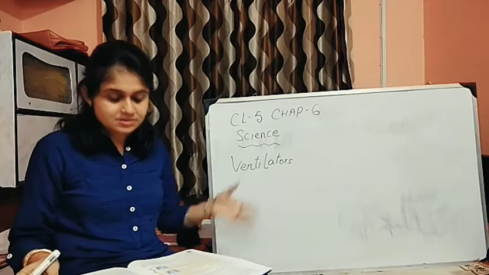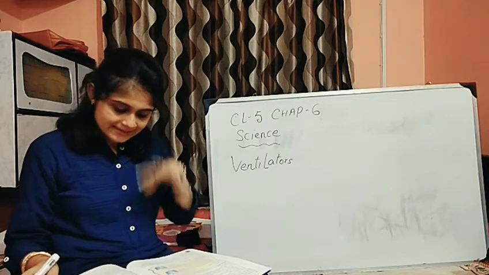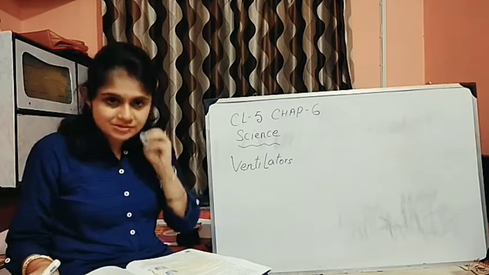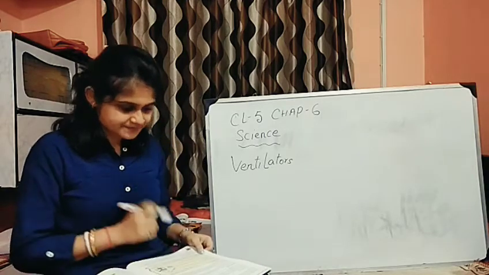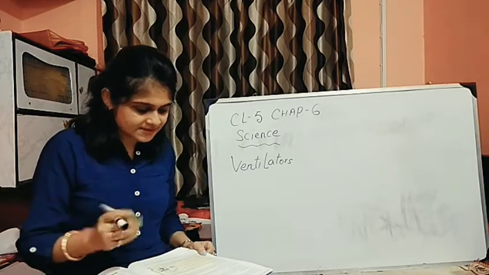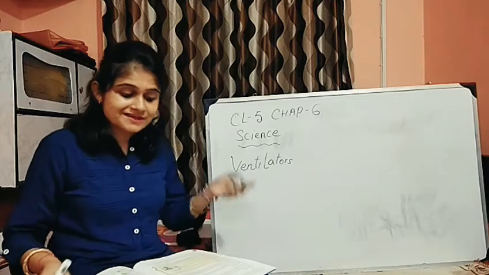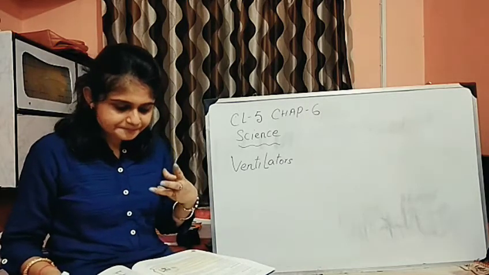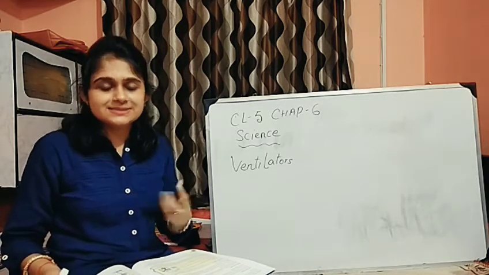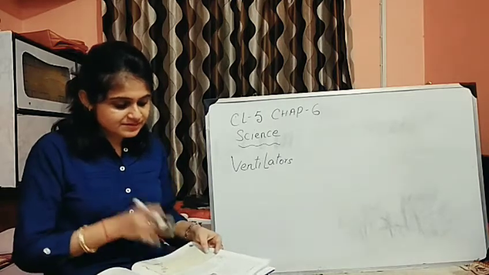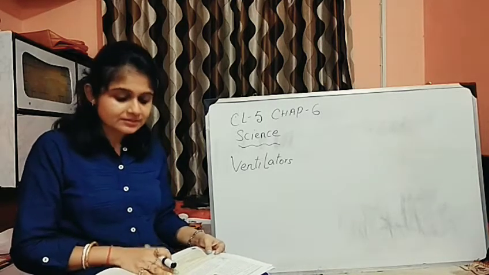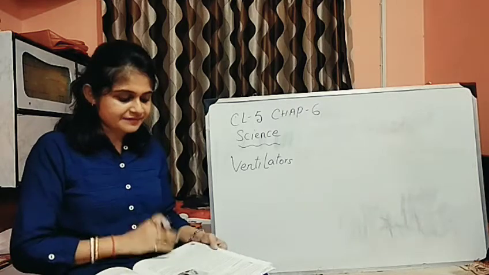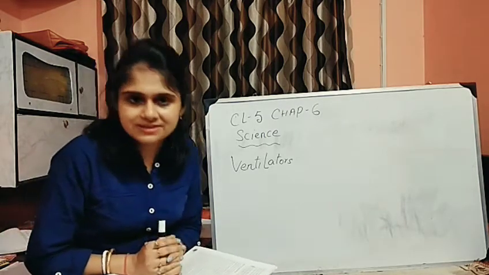Then we saw the solubility of solid, liquid and gas in water. We have done the change of state, physical and chemical. We have seen the separation of soluble solids and insoluble solids from liquids. That also we have done. Air done. And finally we have learned about ventilators.